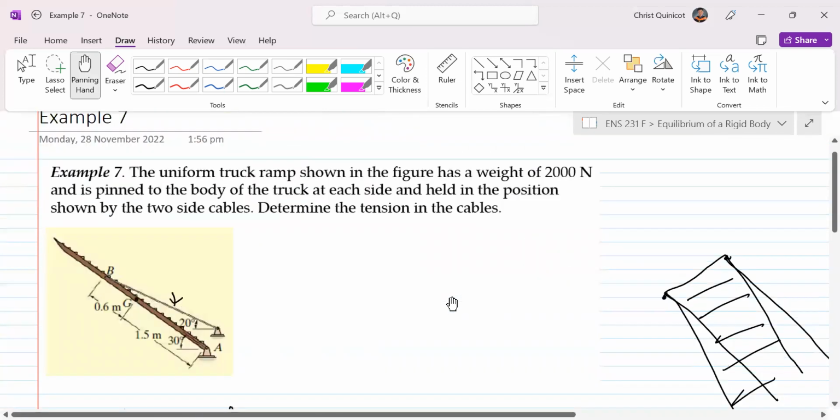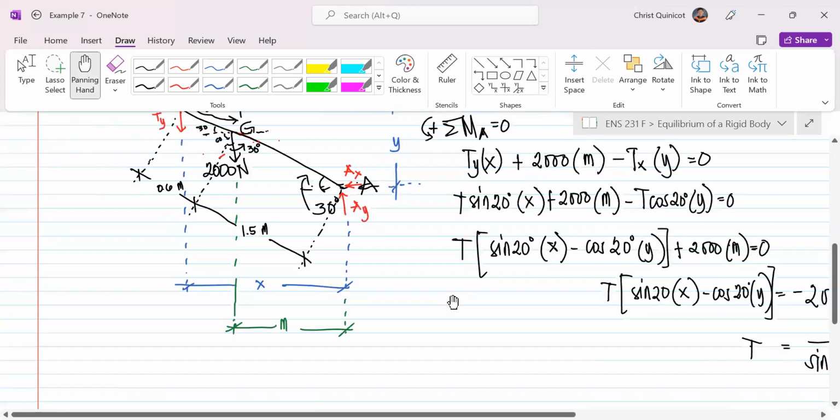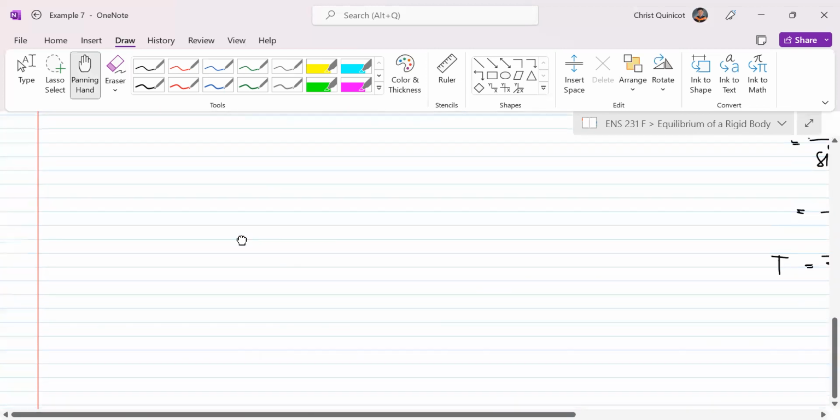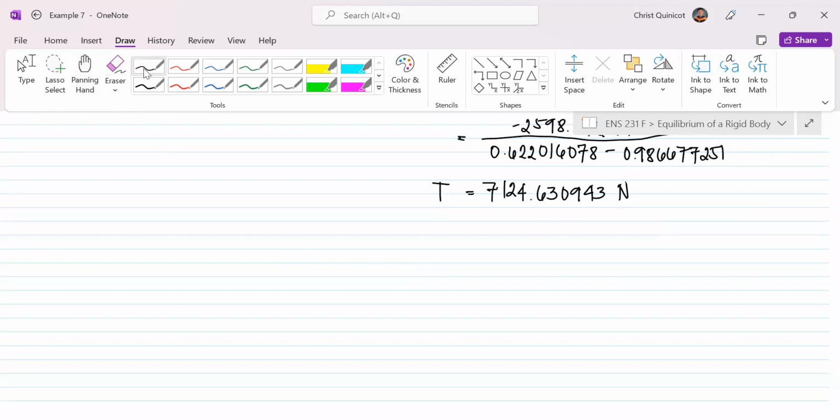So since what we are asked is to determine the tension in the cables, let us have T prime equal to T over 2, that is 7,124.630943 divided by 2.